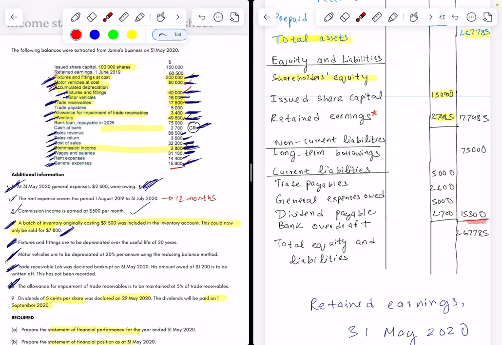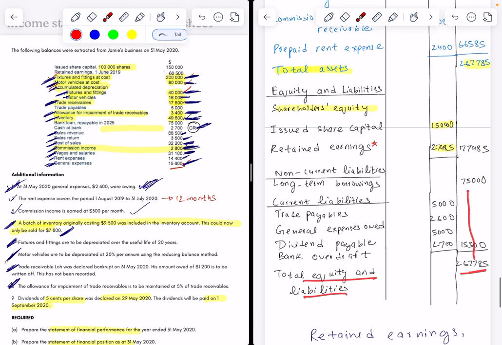And it looks like we have utilized all the information that we get here in the list and the extra additional information. So the total current liabilities of $15,300 now gets added to the non-current liabilities of $75,000, which then gets added to the total shareholders' equity of $177,485, and altogether it's $267,785, which is the total equity and liabilities.